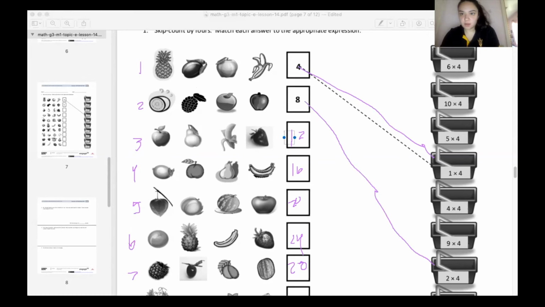Here we skip counted 3 times, and we can't see it on the screen right now, so that's okay. Here we did 4 times, we can see that one right here. This one, we did it 5 times. Here we did 6 times. I'm going to scroll down a little bit.